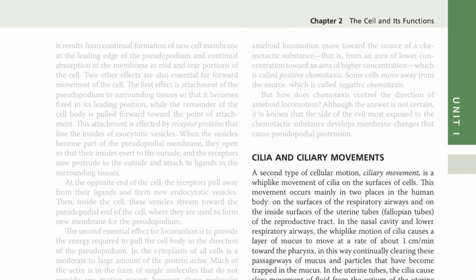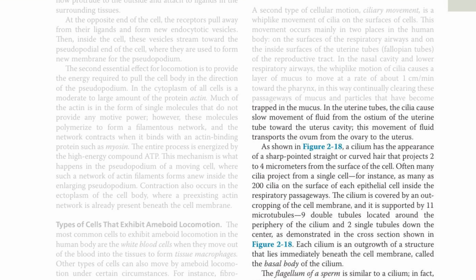In the nasal cavity and lower respiratory airways, the whip-like motion of cilia causes a layer of mucus to move at a rate of about 1 cm per minute toward the pharynx, in this way continually clearing these passageways of mucus and particles that have become trapped in the mucus. In the uterine tubes, the cilia cause slow movement of fluid from the ostium of the uterine tube toward the uterus cavity. This movement of fluid transports the ovum from the ovary to the uterus.